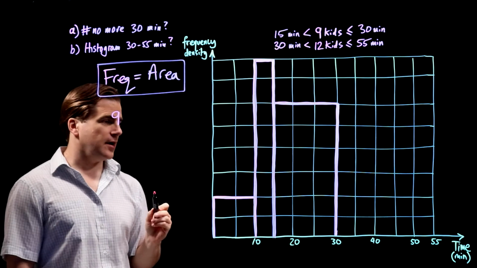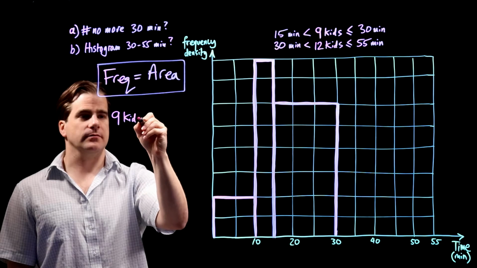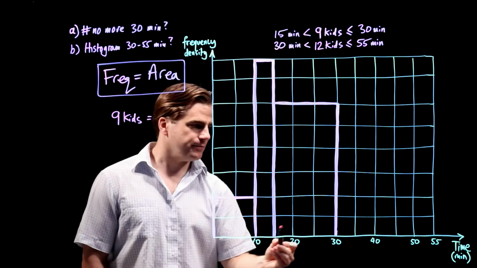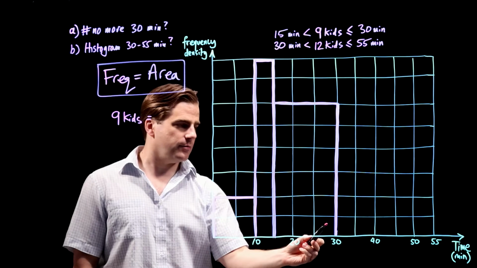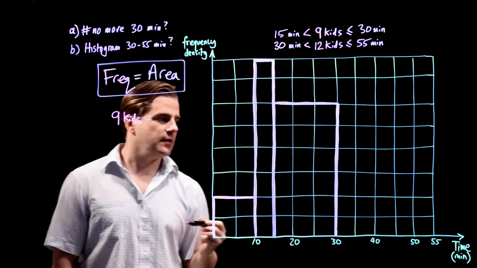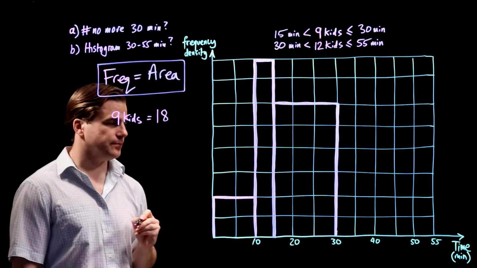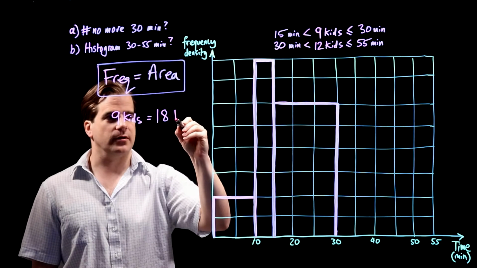And the area, well, let's work that out. 9 kids is the frequency, and the area is 3 boxes by 6, so 3 times 6 is 18. I'll call them boxes.